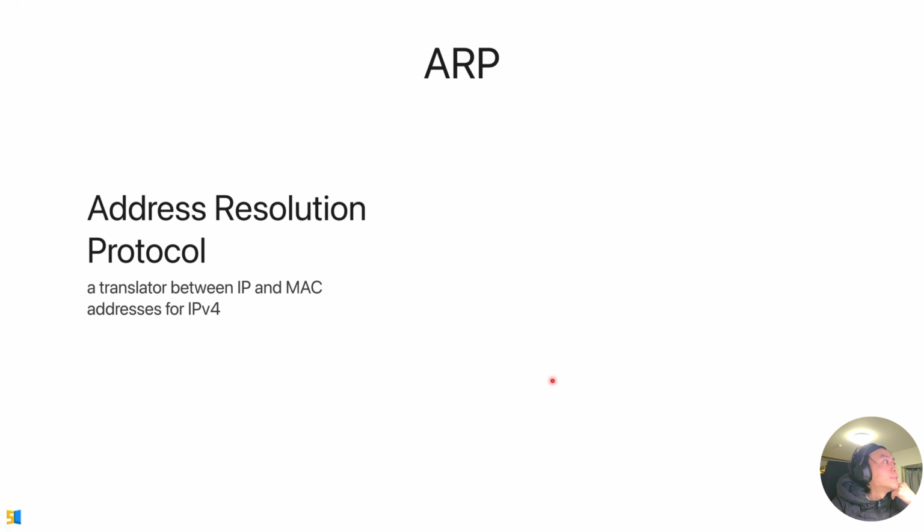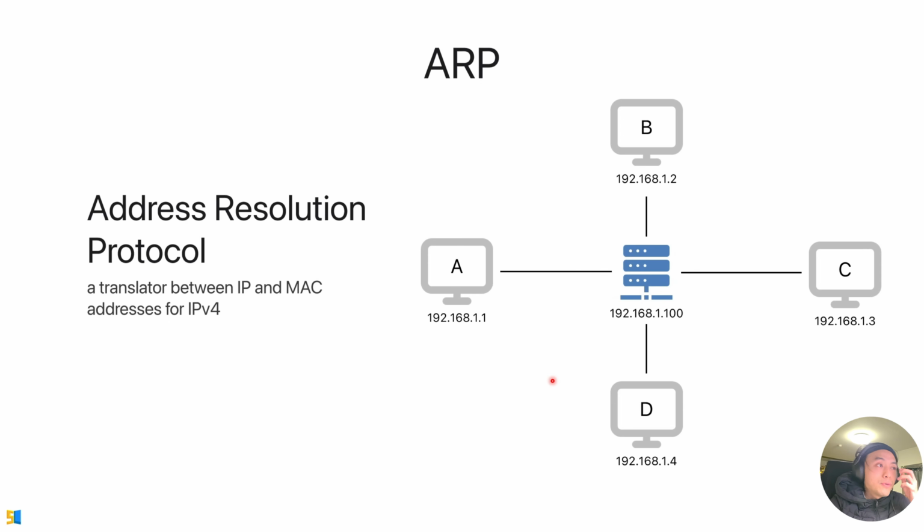Meet ARP. ARP stands for Address Resolution Protocol. It's basically a kind of map, a translator between IP and MAC address for IP version 4, because IP version 6 uses different mechanisms. So how does it work?